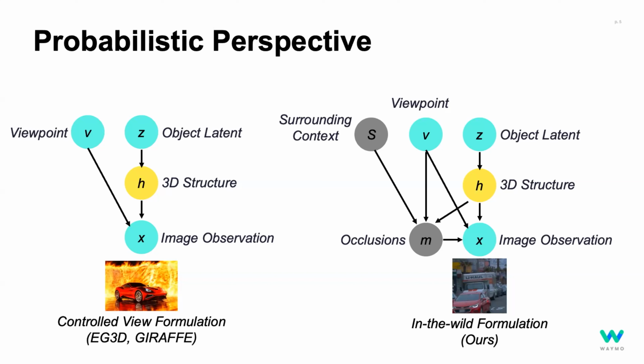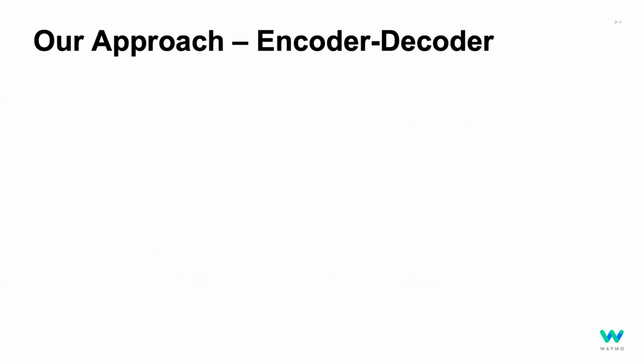This kind of misalignment between the data distribution in the wild and the probabilistic graph used in previous work leads to some difficulty in training a generative model with adversarial training. So we took a different approach.